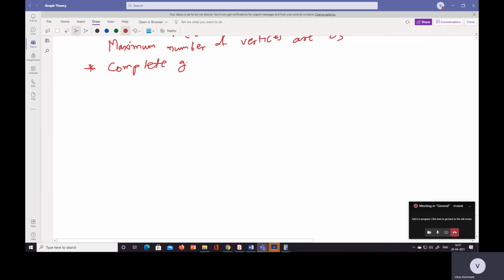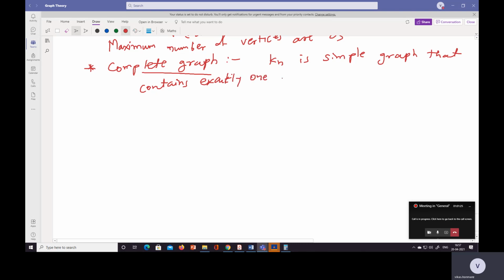Complete graph. Kn is the simple graph. Simple graph means there is no loop, no parallel edges, that contains exactly one edge between each pair of distinct vertices.